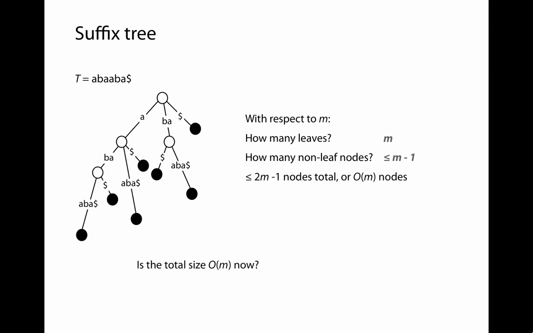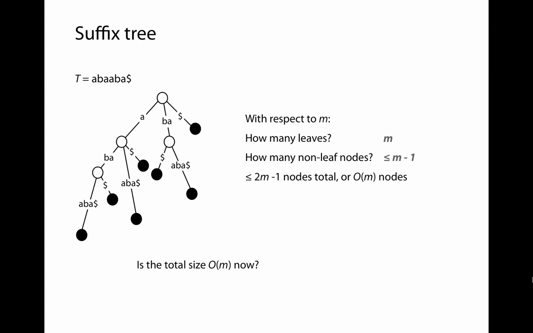Now we ask ourselves, do we have a data structure where the total amount of memory required to hold the entire data structure is bounded, asymptotically, by order m in the worst case? We reduced the number of nodes so that it is bounded by m, but what about the total size?